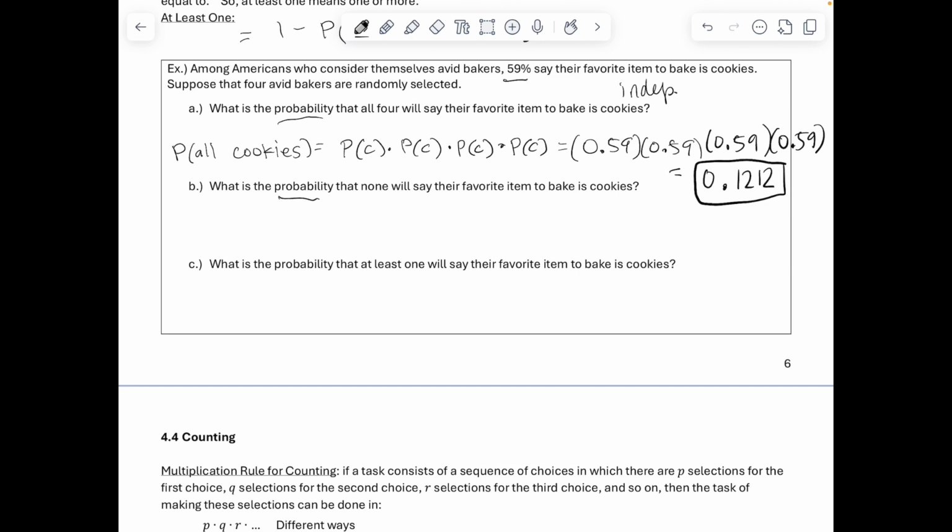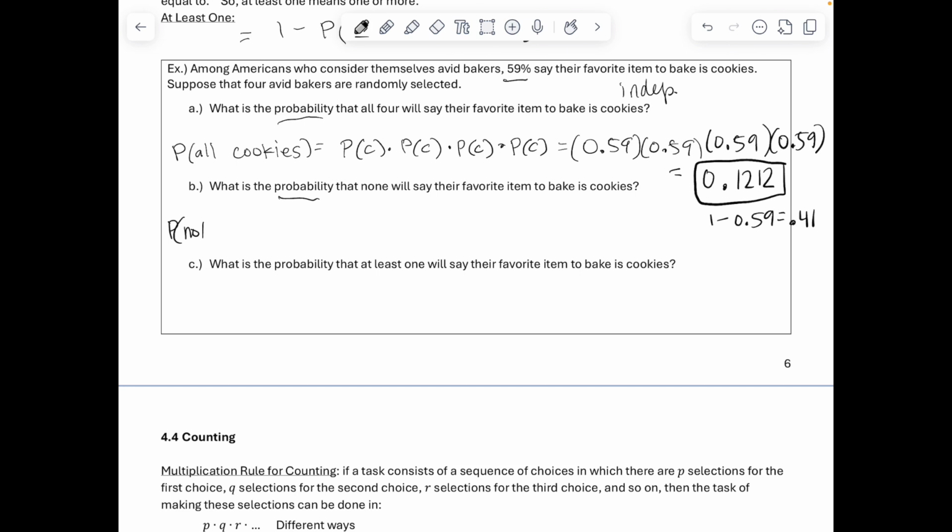Part B says, what is the probability that none will say their favorite thing is cookies? So if your probability of favorite item to bake is cookies, then the probability of not having the favorite thing be cookies would be 1 minus the 0.59, which is 0.41.